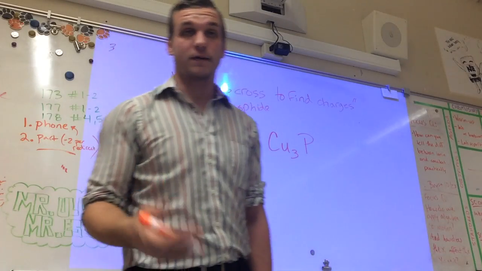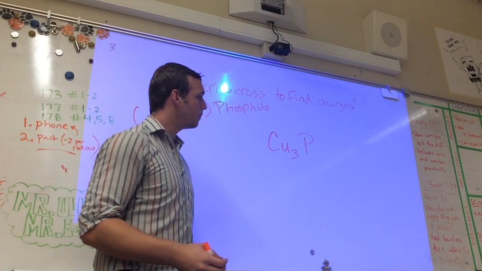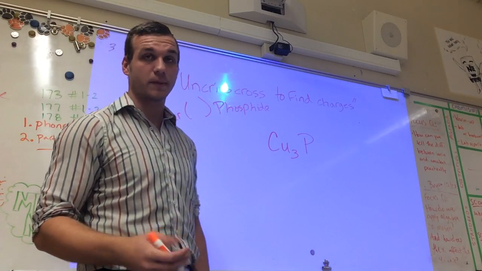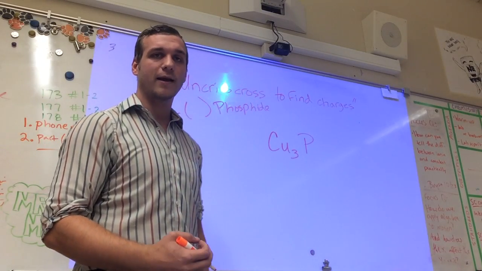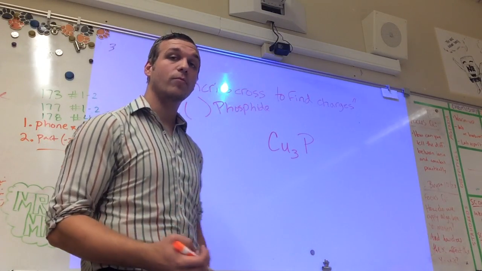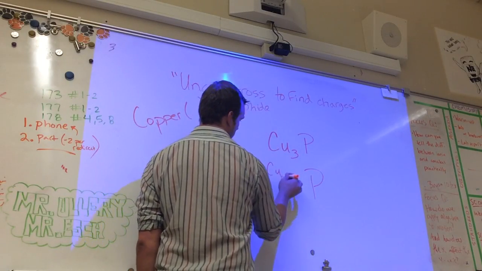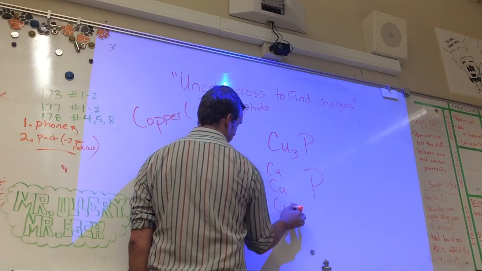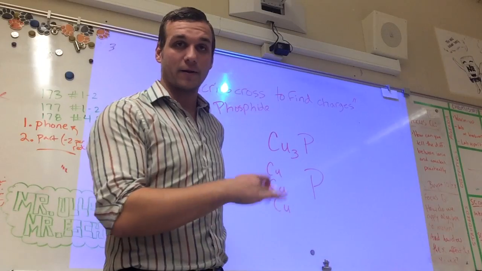This is copper phosphide. I'm going to tell you the charge here in a minute when we figure it out. Uncrisscrossing in this case might actually work, but I do want to show you the longer technique as well. So in this case we have one phosphorus and 3 coppers. Okay? So I just wrote them out like that.